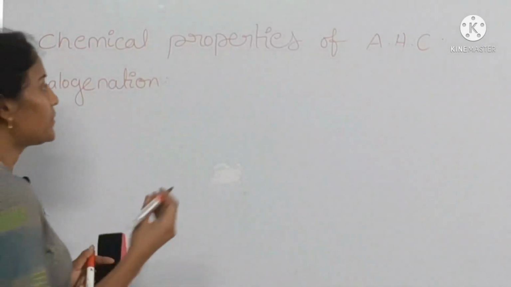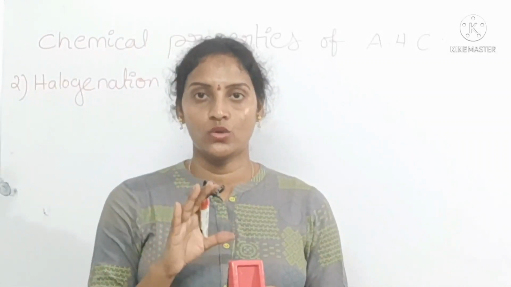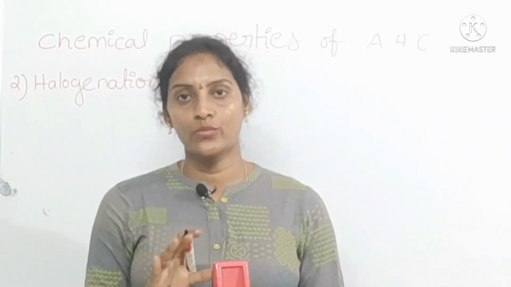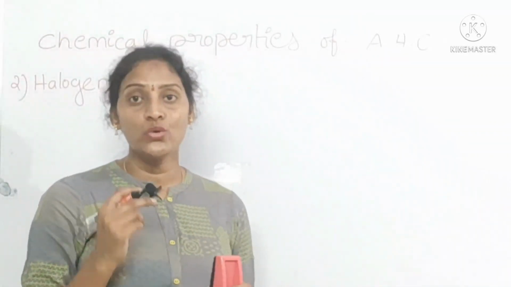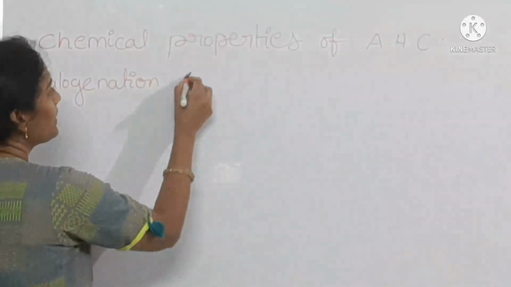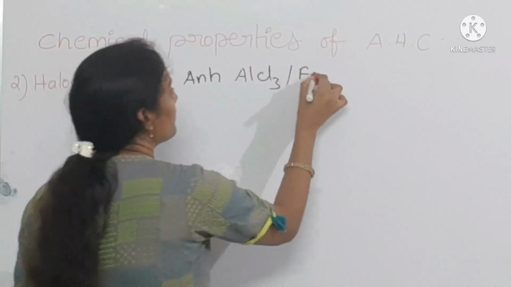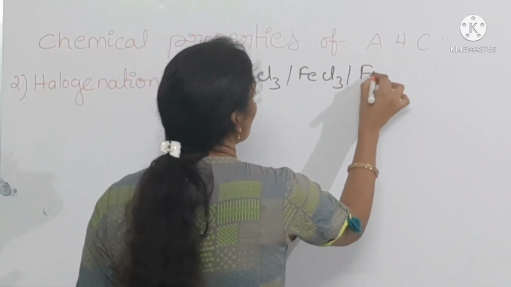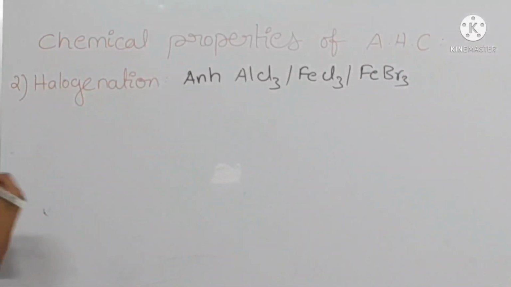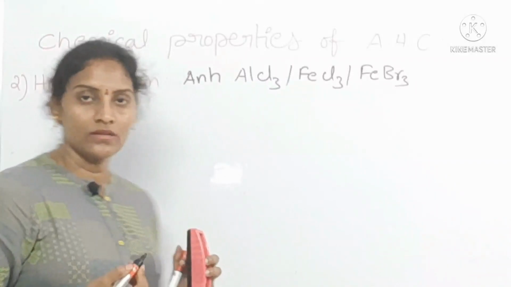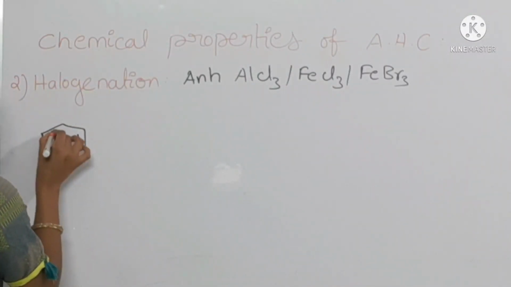If benzene reacts with halogens, chlorine or bromine, halogenation takes place in the presence of Lewis acids like anhydrous AlCl3, FeCl3 or FeBr3. These Lewis acids act as acids.